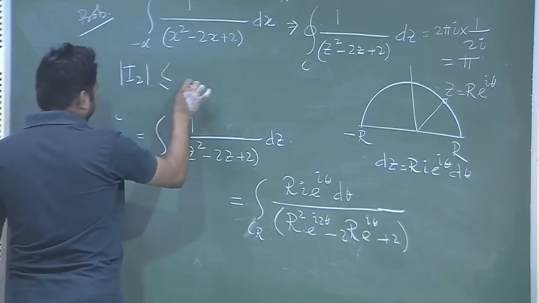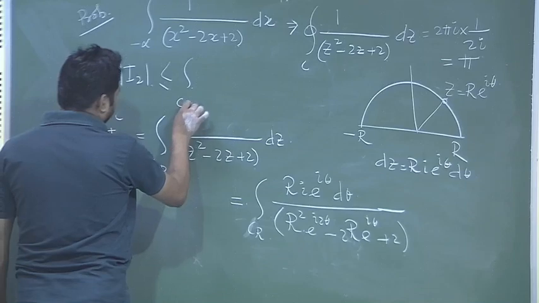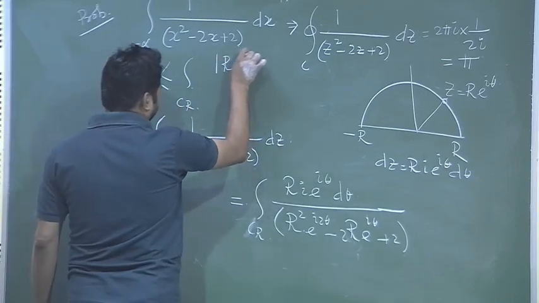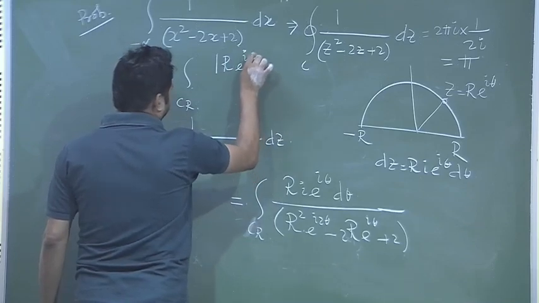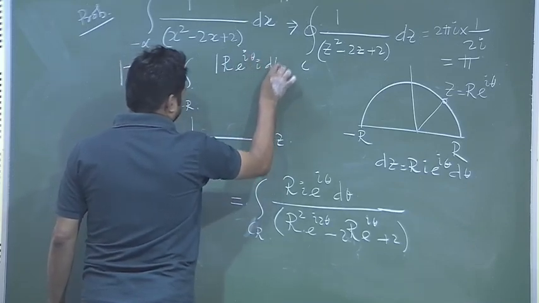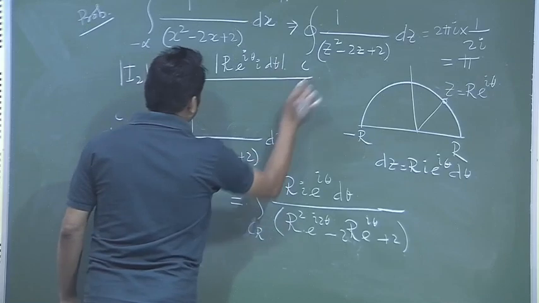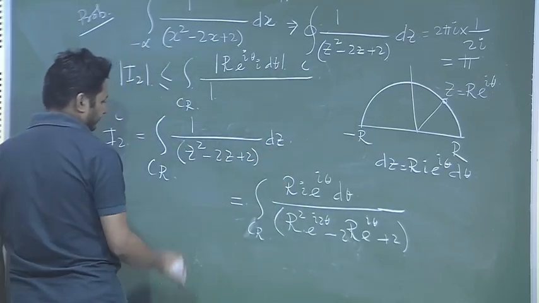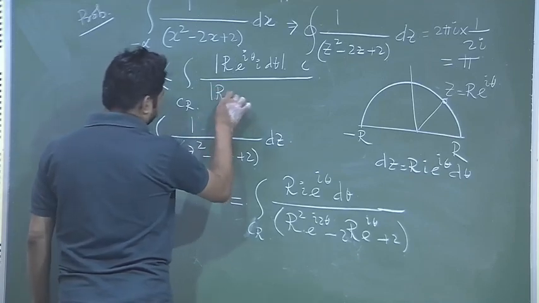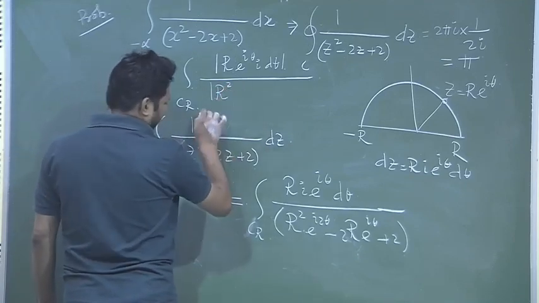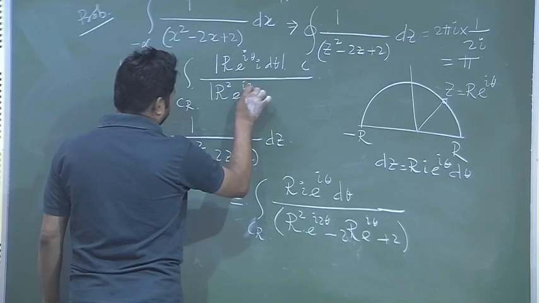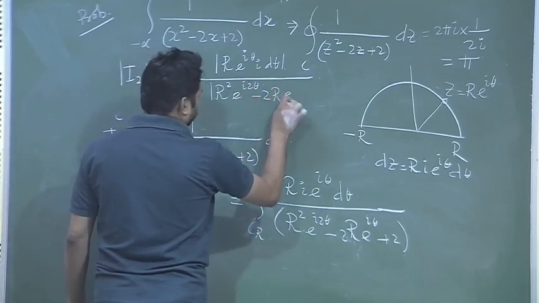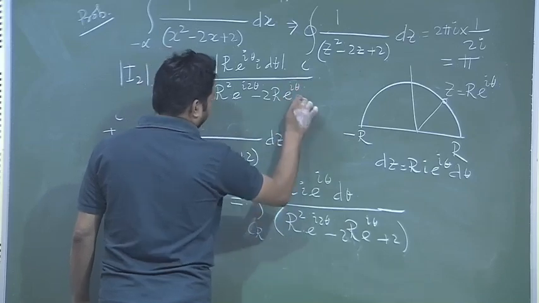So, it should be less than or equal to the integration over CR of the mod of this quantity divided by the mod of r square e to the power of I 2 theta minus 2 of r e to the power I theta plus 2.